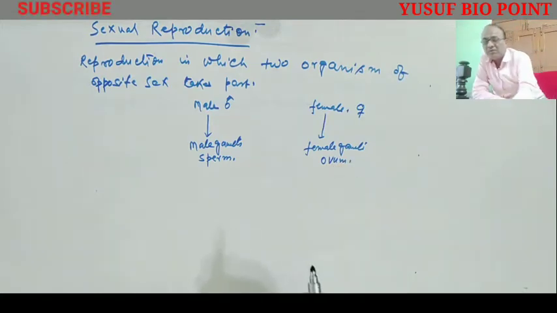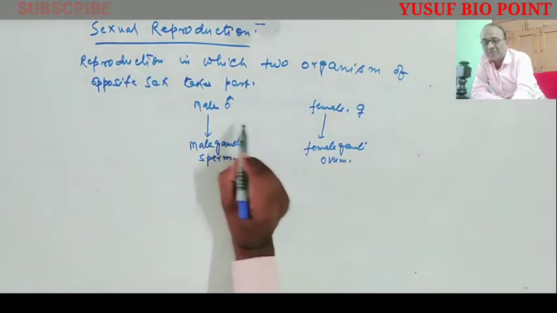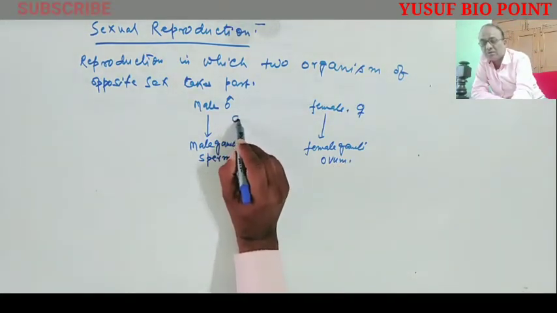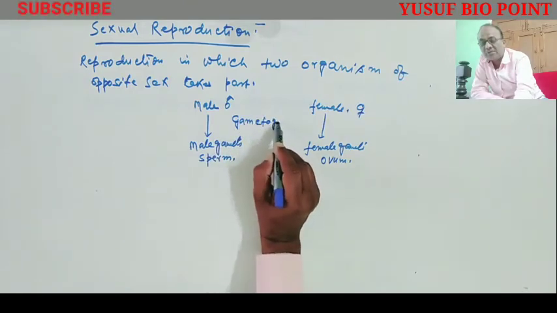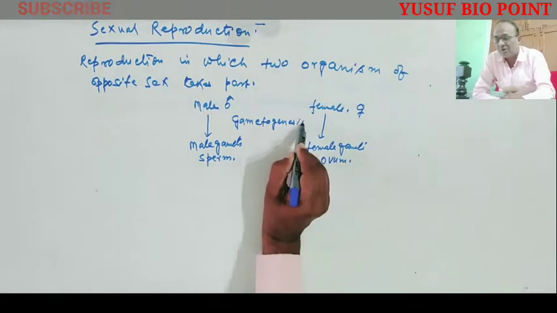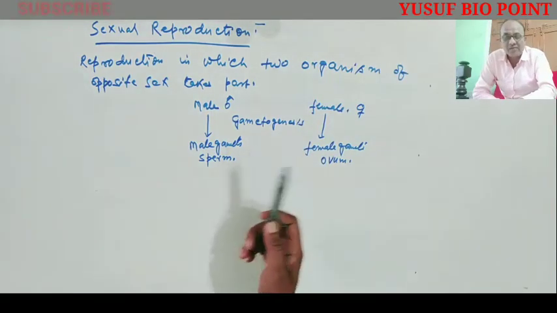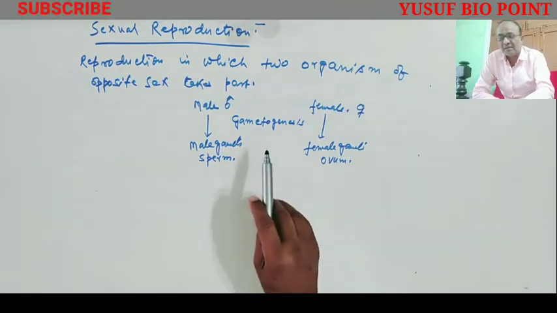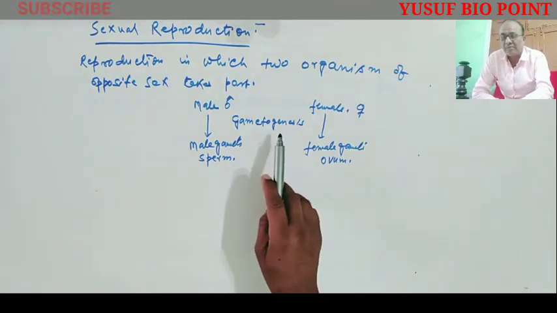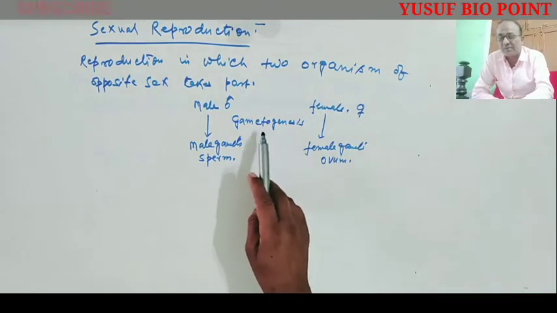Now the formation of gametes is called gametogenesis, meaning the formation of both male gametes and female gametes combined is called gametogenesis. Genesis means formation, gamete means gamete, so formation of gametes is called gametogenesis.